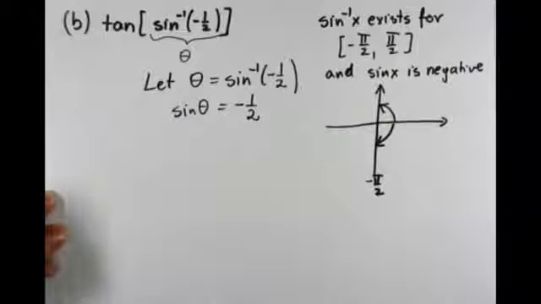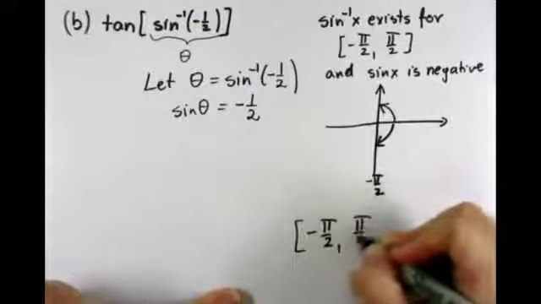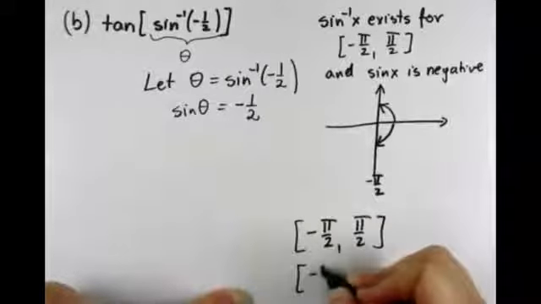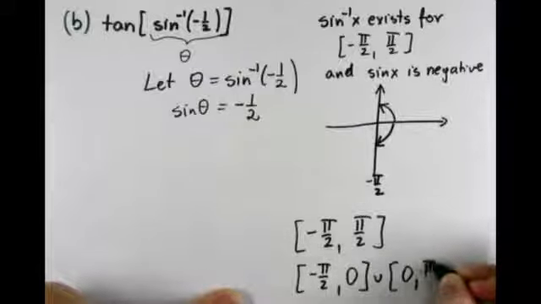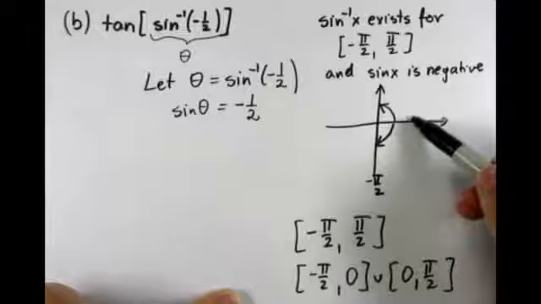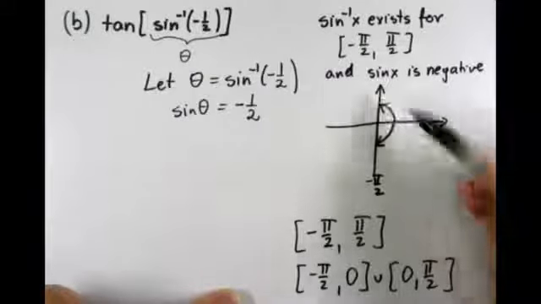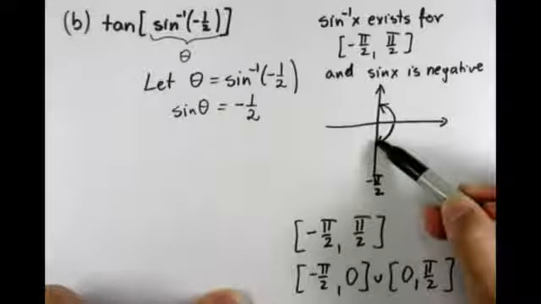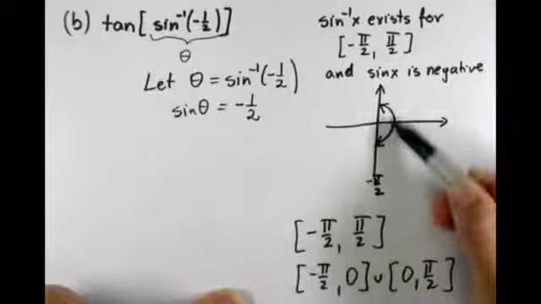Basically, I'm separating this interval, minus pi over 2 to pi over 2, into two: minus pi over 2 to 0, and then 0 to pi over 2. The angle from 0 to pi over 2 opens in the positive direction, and in the negative direction from 0 down to negative pi over 2. So that gives me those two quadrants.